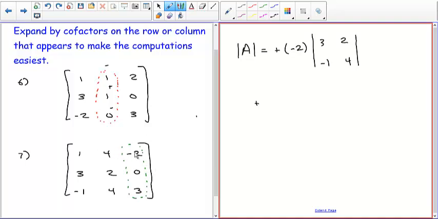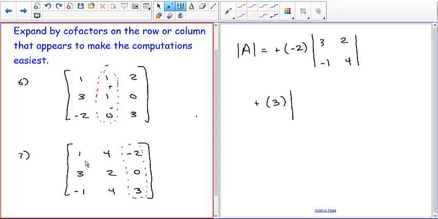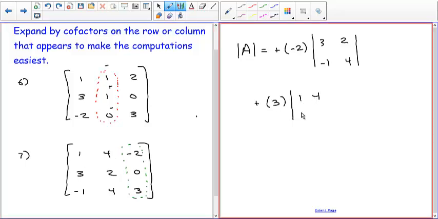Remember, it's plus, minus, plus. So we have plus 3 times the minor, which is, if you cross out third row, third column, you're left with 1, 4, 3, 2.